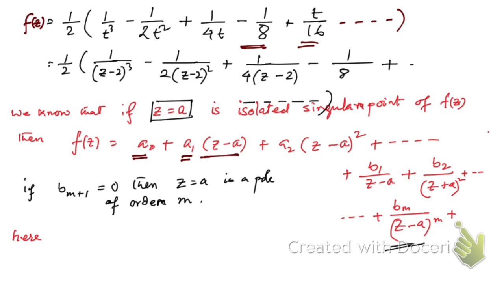Plus here z minus 2 by 16 plus dot dot dot so on.